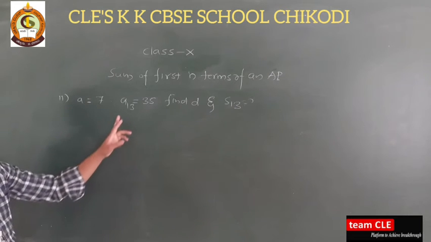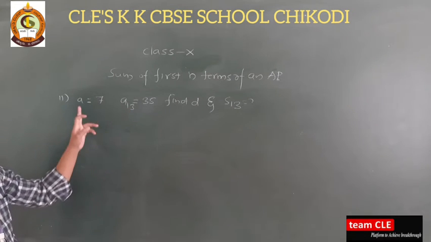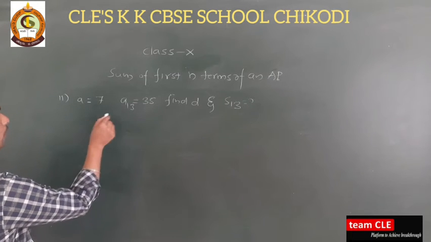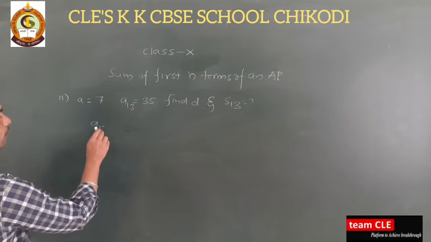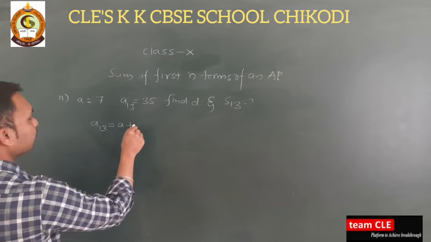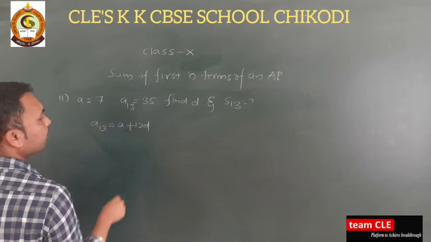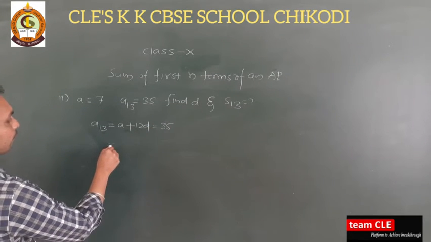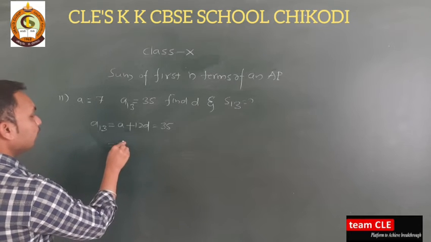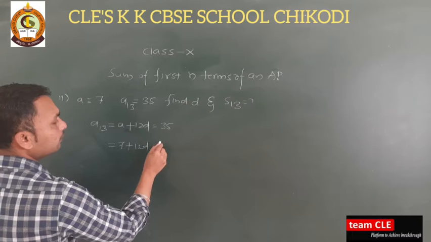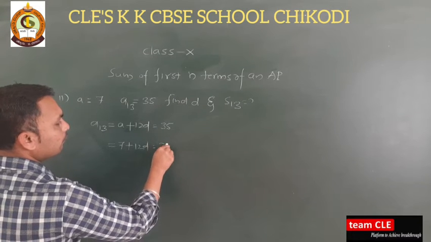They are given a13 is equal to 35, a is given, and d we need to find. This is very simple, dear students. Let me write a13 is equal to a plus 12 into d, which is 35. Now a we have 7 plus 12d, and this is 35.